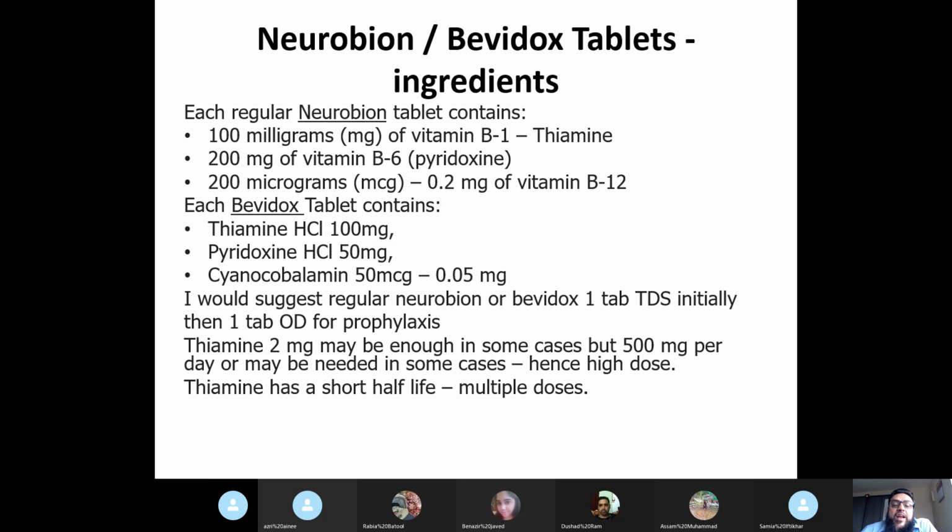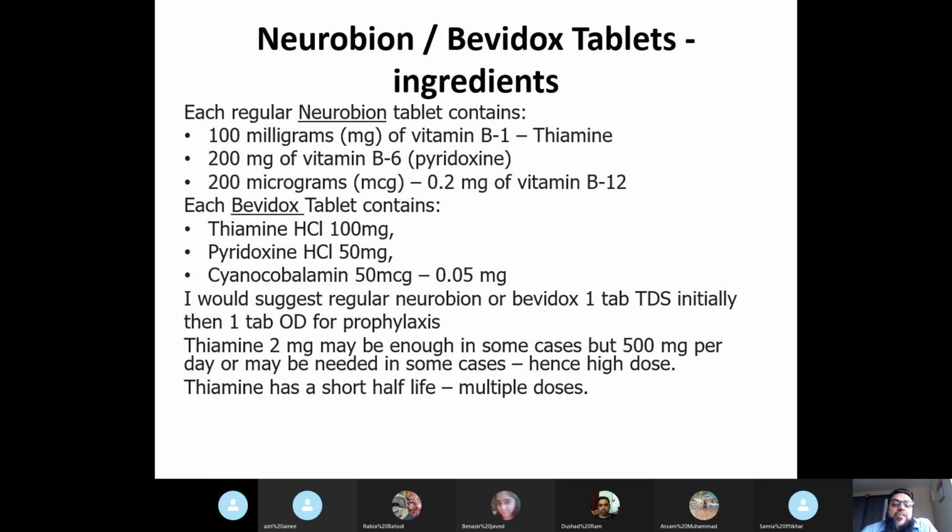Then maybe 1 OD after that as prophylaxis. The best prophylaxis, if it is caused by alcohol, is staying away from alcohol plus getting thiamine. If you're taking alcohol, then that's not the best thing to do. So 200 milligrams of pyridoxine, 200 micrograms of B12.